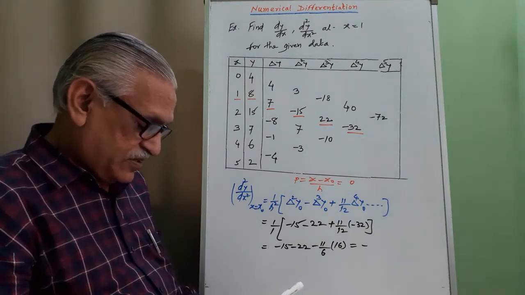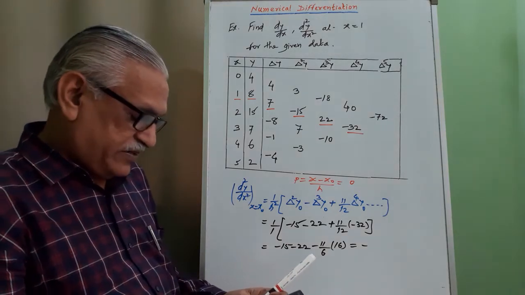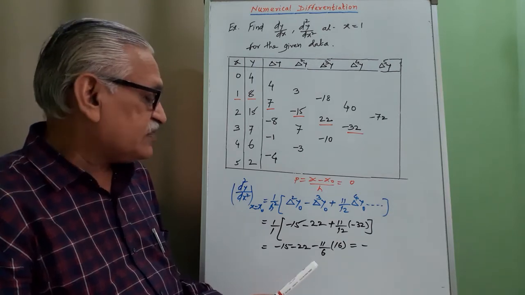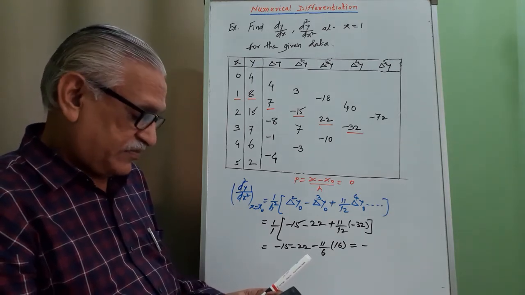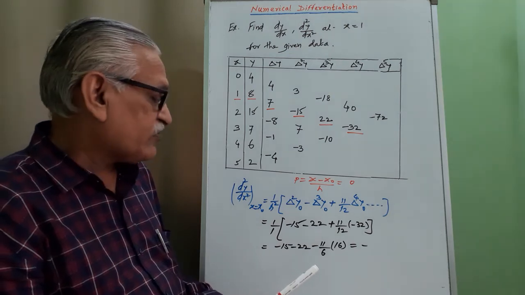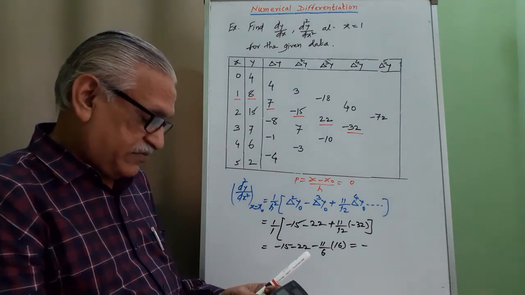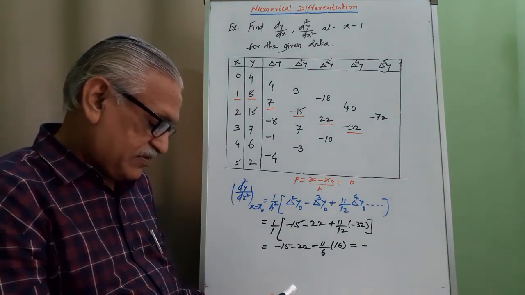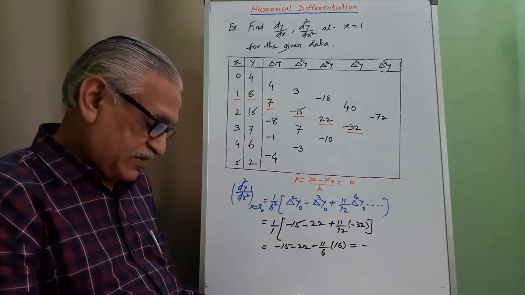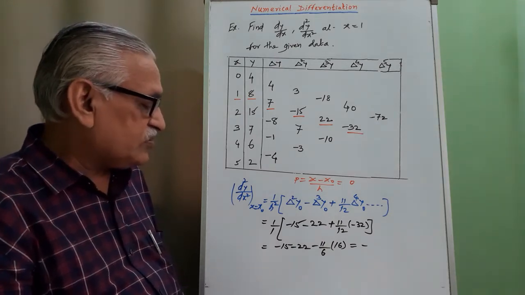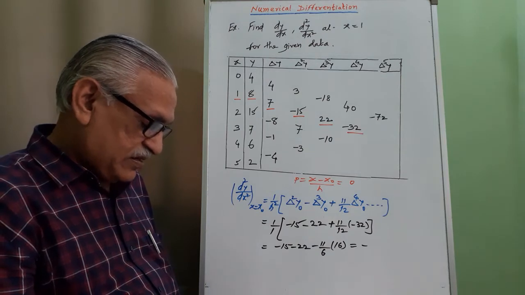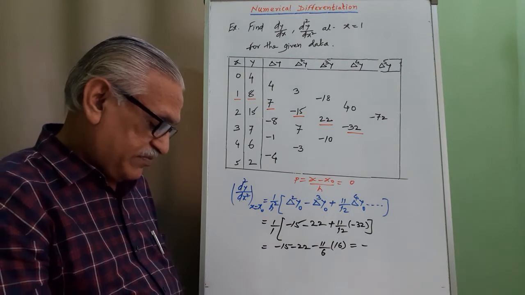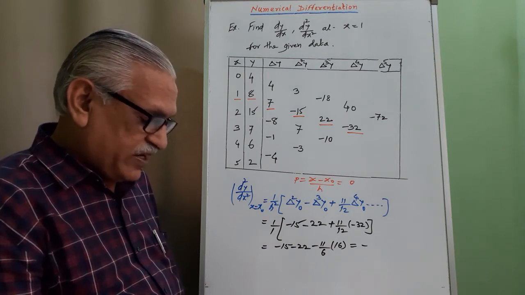Therefore it is 15 plus 22 plus 11 by 6 into 16, which is 199 by 3.